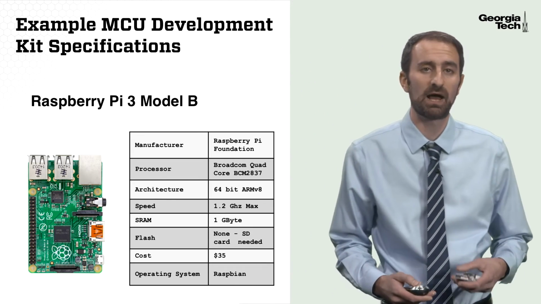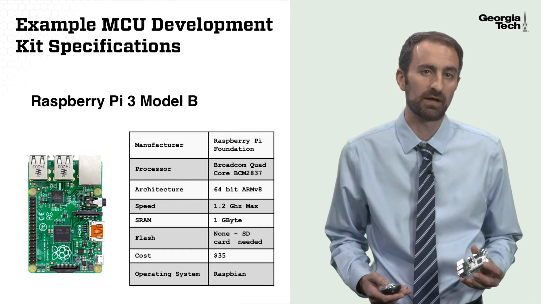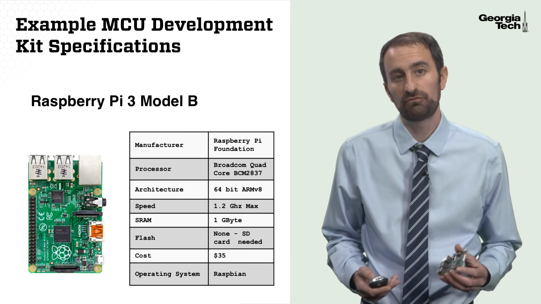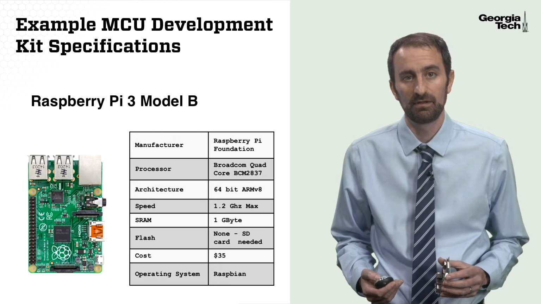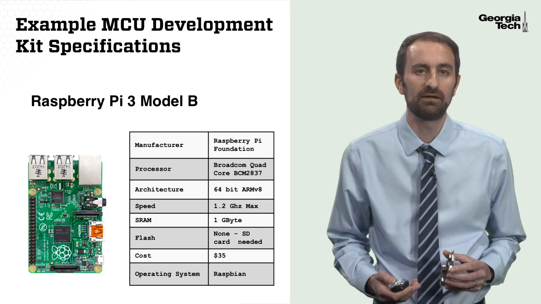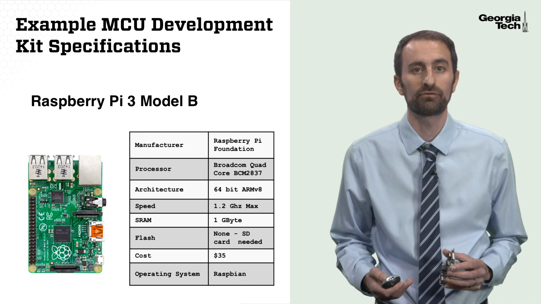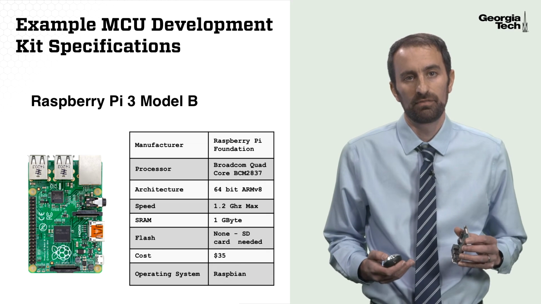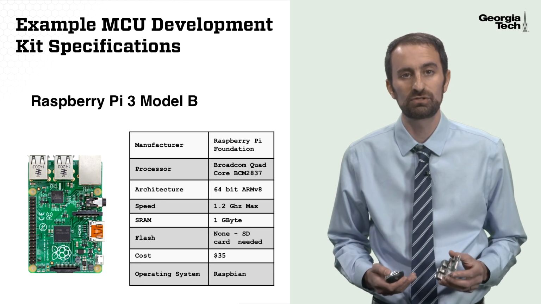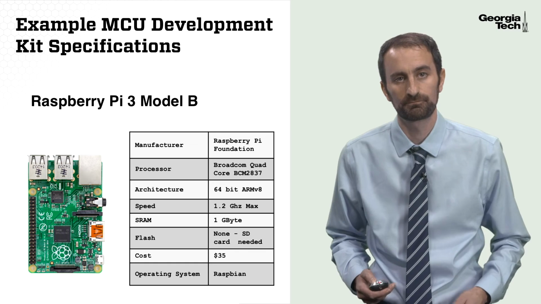Finally, let's look at the Raspberry Pi 3 Model B embedded computer. This is not a microcontroller, but rather an embedded computer. It is a 64-bit ARM processor with 1 gigabyte of RAM, and actually doesn't contain any non-volatile memory, but rather an SD card is needed for non-volatile storage. The processing speed of this embedded computer is over 1 gigahertz, which is significantly more than the microcontrollers that I showed you previously.